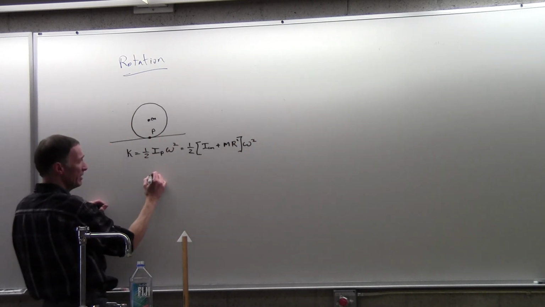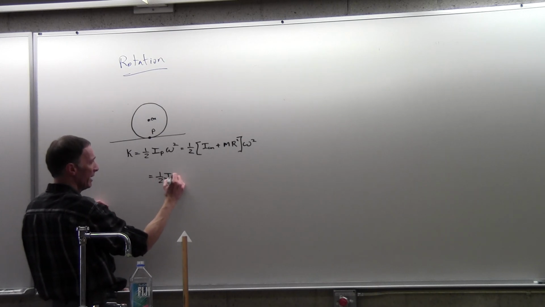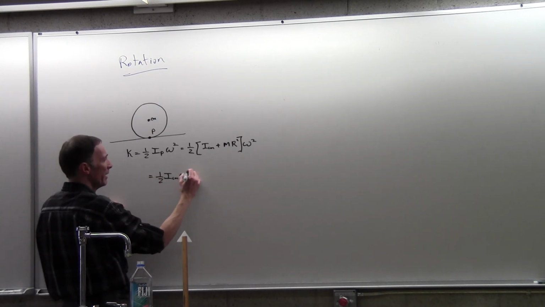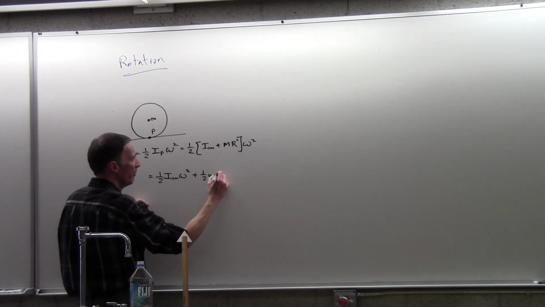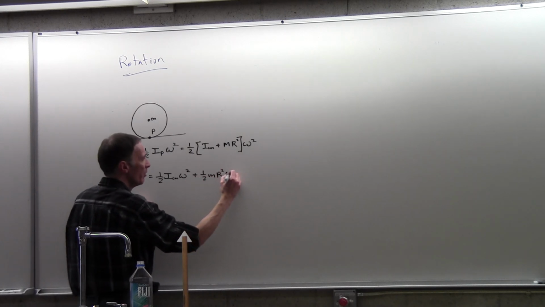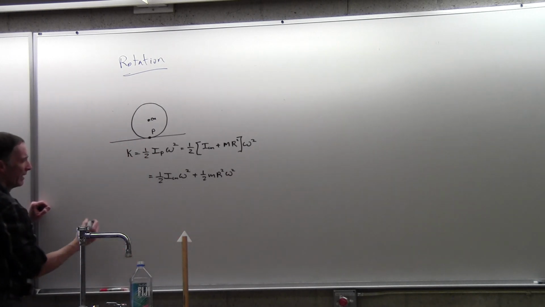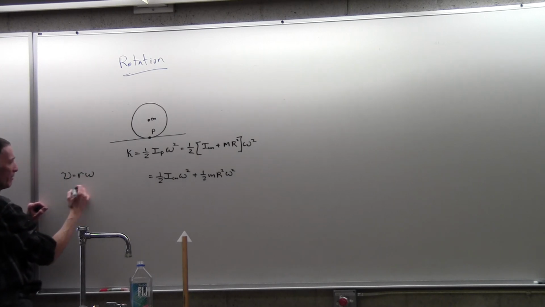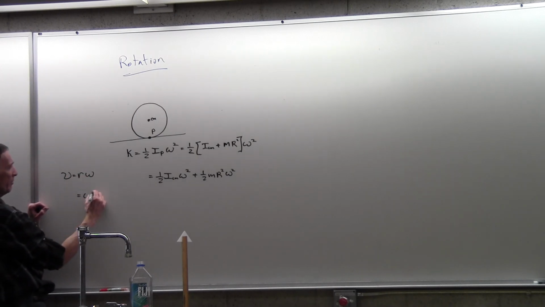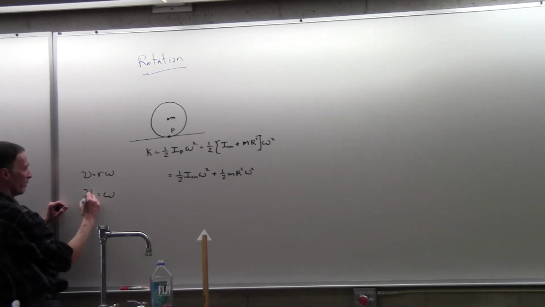We can break this into two parts, 1/2 I about the center of mass times omega squared, plus 1/2 m r squared times omega squared. And we know that if it's rolling without slipping, the velocity should be equal to r times omega, or what I want to do is omega is v over r.